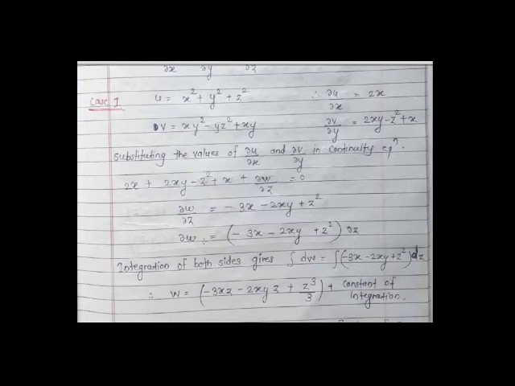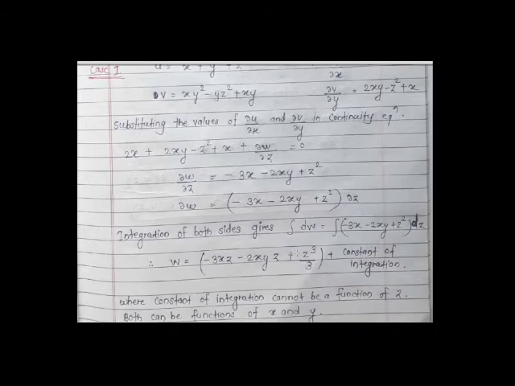Then dou w will be equal to bracket minus 3x minus 2xy plus z squared bracket complete, into dou z. If we integrate this equation on both sides, we get integration of dw is equal to integration of bracket minus 3x minus 2xy plus z squared bracket complete dz.